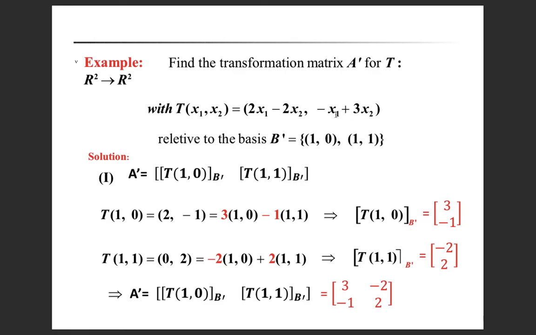Then 2 into 1 minus 2 into 0 gives 2, and minus 1 plus 0 gives minus 1. So we substitute x1 equal to 1 and x2 equal to 0 in the given transformation and we get 2 and minus 1. Now the basis is (1, 0) and (1, 1).